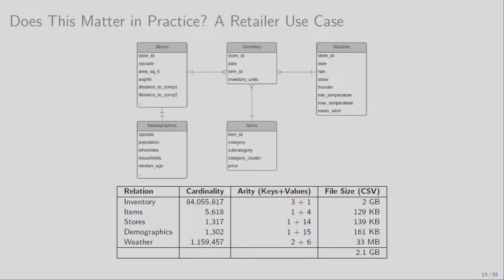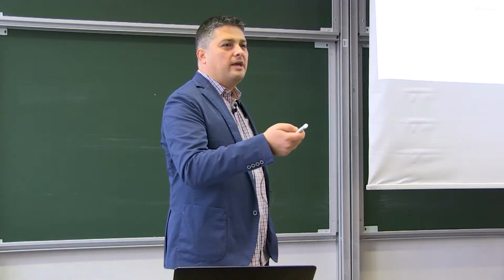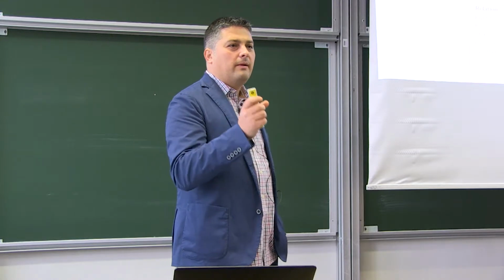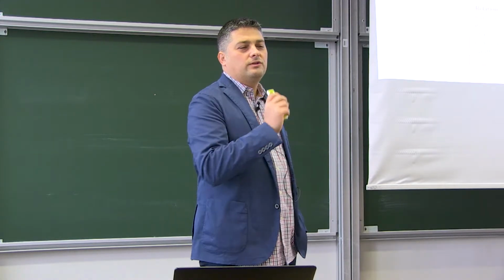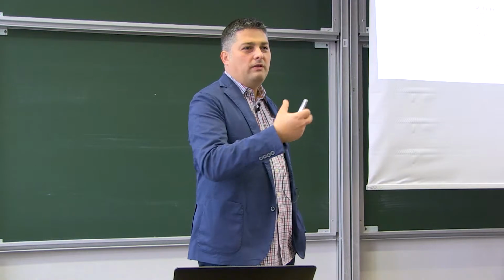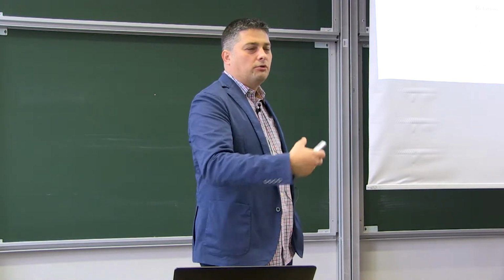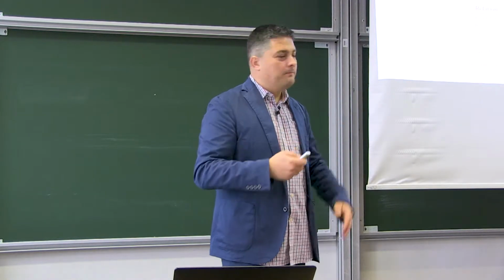The inventory is the big fact table with 84 million tuples and about 2 gigabytes on disk. It represents a three-dimensional tensor that takes location, date, and product identifier and maps it to the inventory units, how many units I have in the inventory for that particular combination.